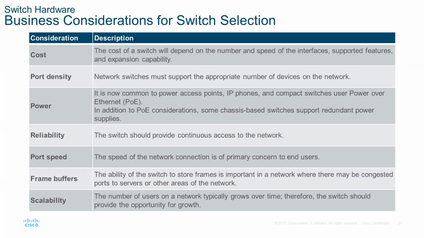Next, we need to make sure we have correct port densities where we need them. We need to confirm that we have the appropriate power availability where we need it. We need to provide reliable, continuous access to our users. We need to make sure that we're supporting the end users as far as speed is concerned.